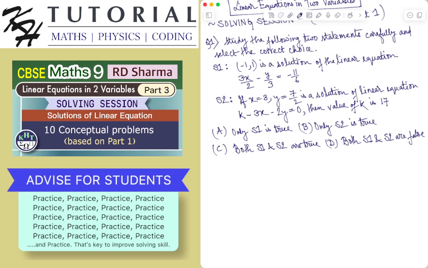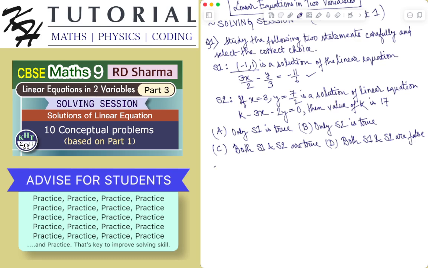Okay. So if minus 1 and 1 is a solution of the linear equation, then the ordered pair minus 1 and 1 will satisfy this given linear equation, which means that if I substitute the x value of the solution in the equation and the y value of the solution in the equation, LHS and RHS should be equal.